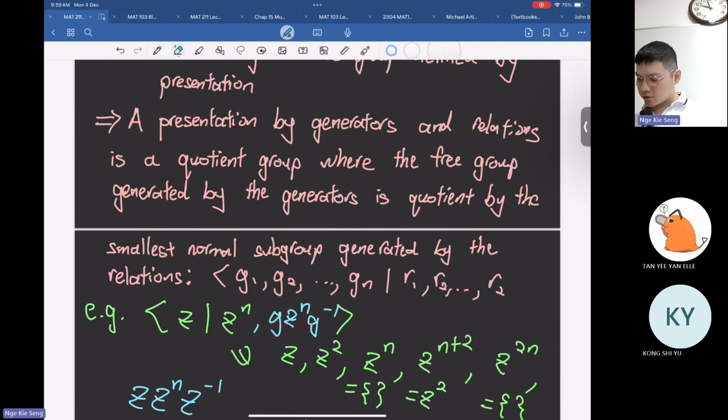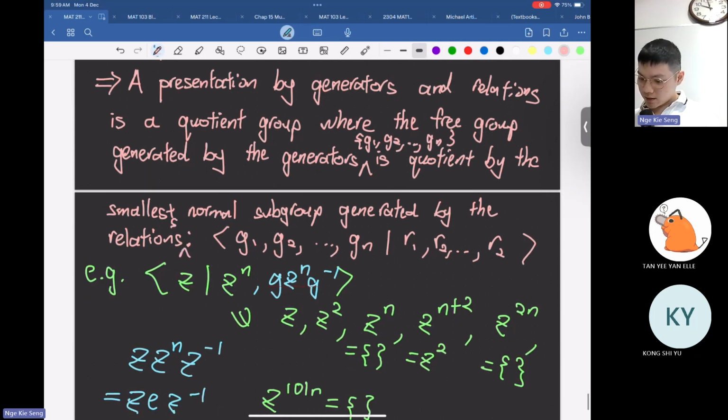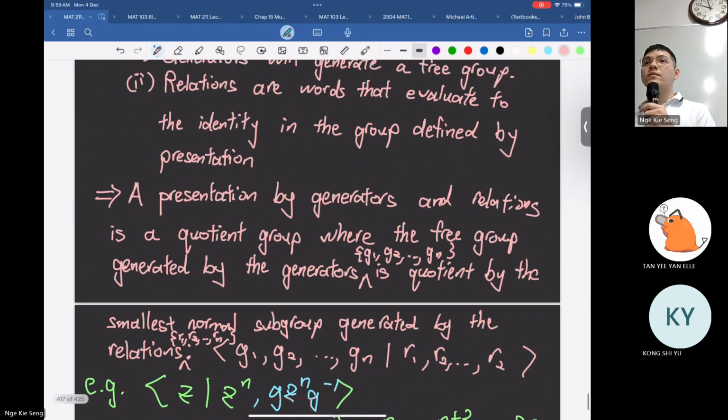So these generators are G1, G2 up to Gn, and these are the words R1, R2 up to Rn. Is it better if I write this? That's better. Okay, all right.